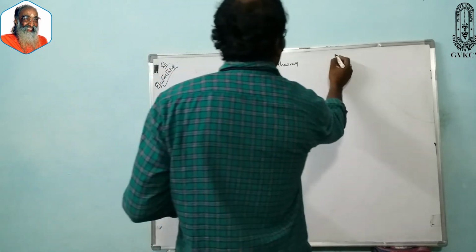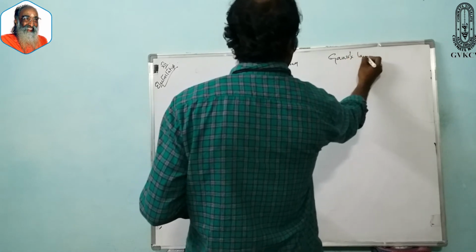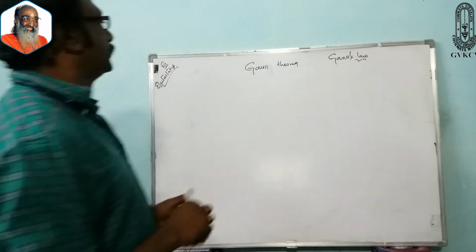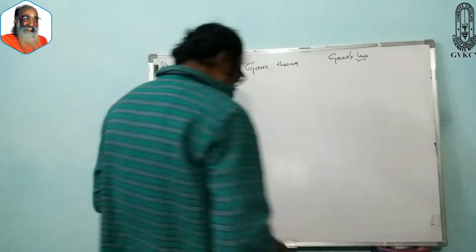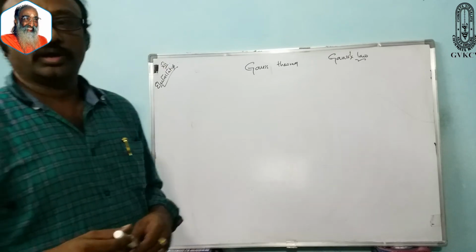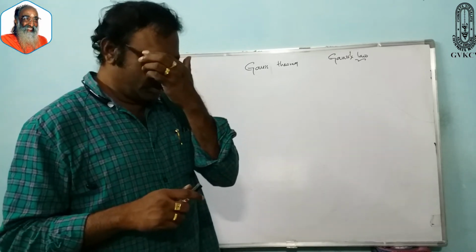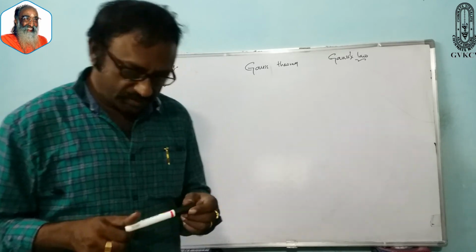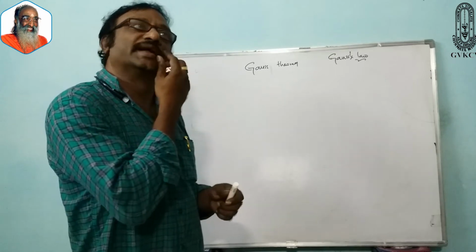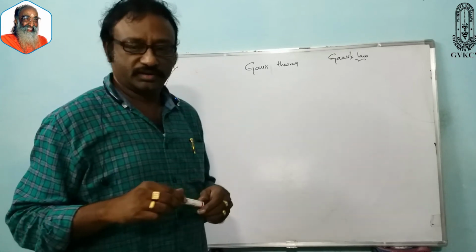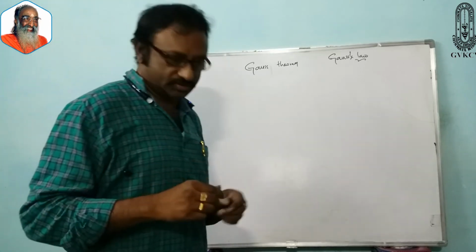So it will be Gauss law like this, or Gauss theorem. This is an important concept, and this Gauss law is also considered a fundamental law in physics, which helps us to calculate the electric intensity of certain surfaces.